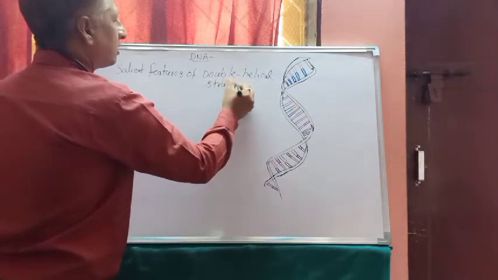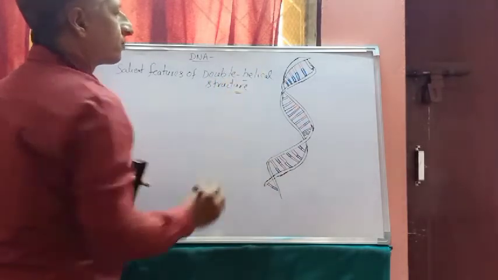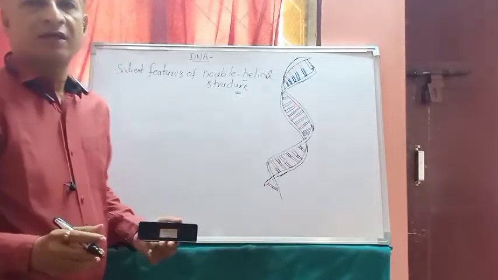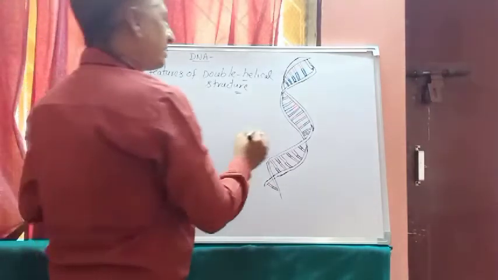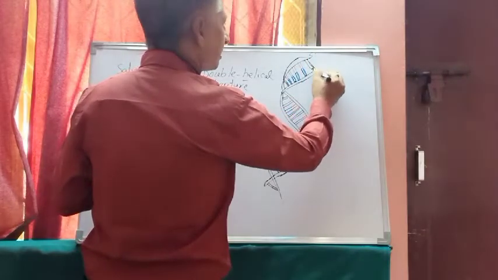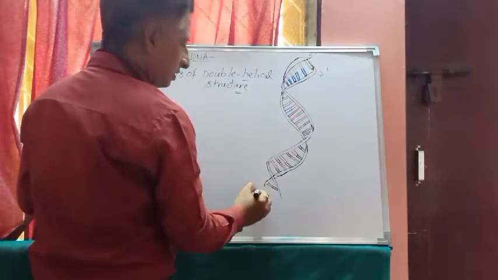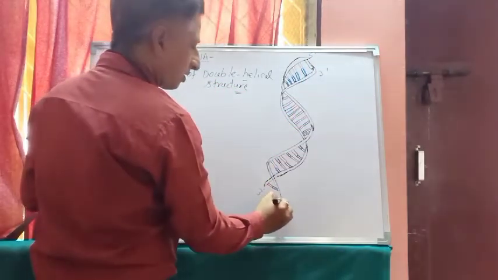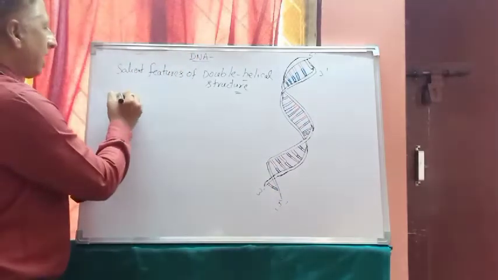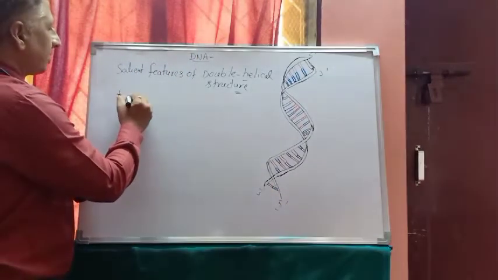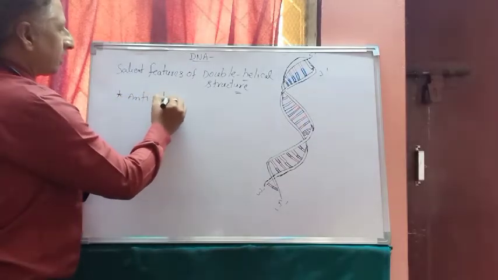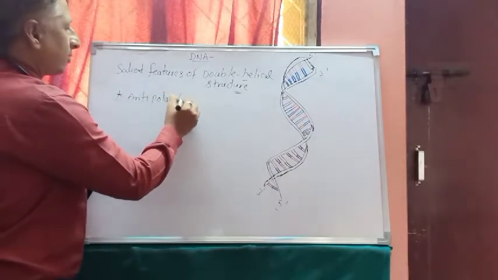So in this double helical structure, two strands are there. One is 5 prime, the second is 3 prime, then 3 prime and 5 prime. So this is called antipolarity.